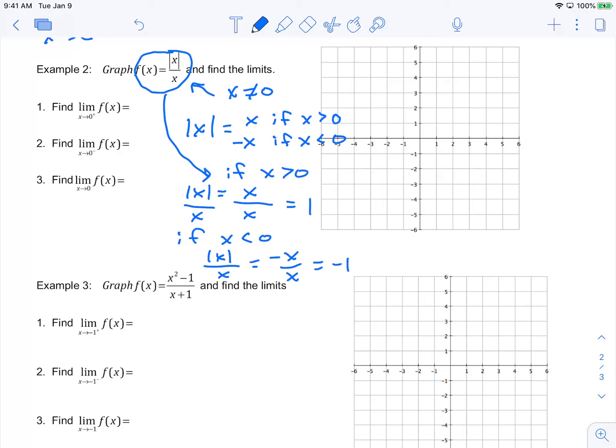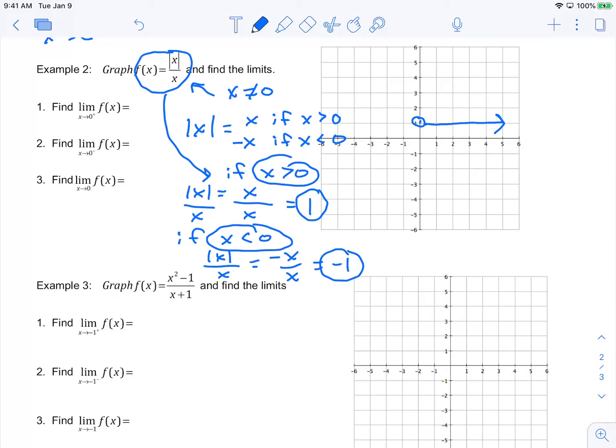And so we get negative 1. So basically what we get is two things here. We have 1 when x is greater than 0, and negative 1 when x is less than 0. So how does that work? Well, that's just a horizontal line at 1, and we're talking about starting it at 0 with an open circle and going this way.